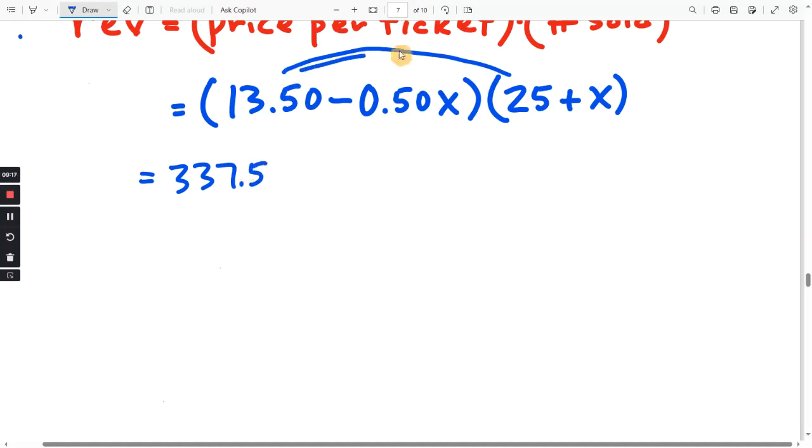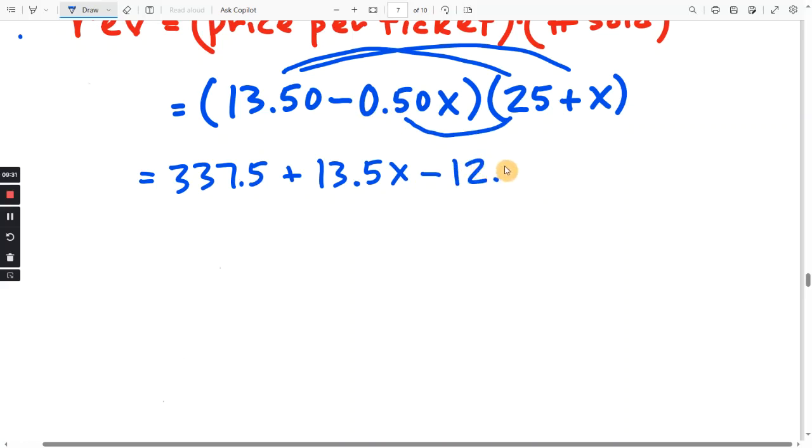And $13.50 times positive X, that's just 13.5X. Negative 0.5x times 25, that's going to be negative 12.5x. And negative 0.5x times x is negative 0.5x squared.